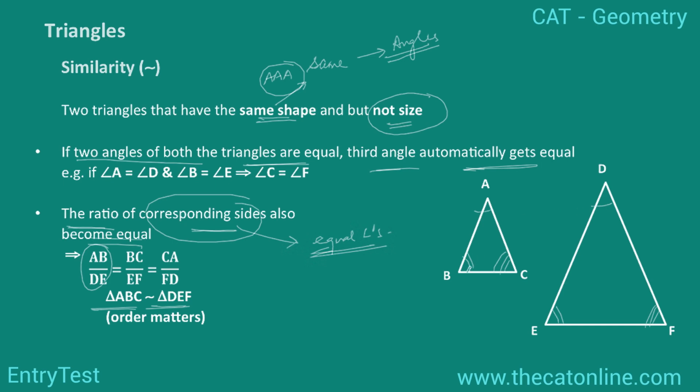If A and D are equal, I'll talk about BC and EF, that ratio. If B and E are equal, I'll talk about AC over DF. And the other one, this ratio is equal. It is very, very important to take into consideration the order here, because if you go wrong with the order, the ratio you note would not be the correct one.